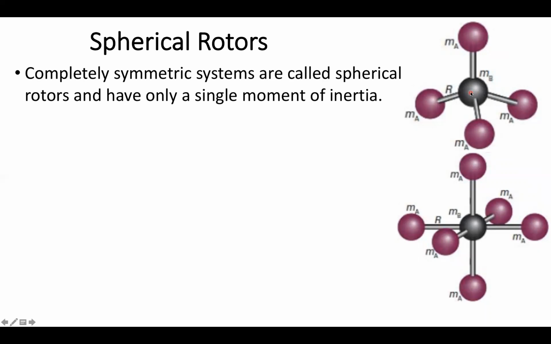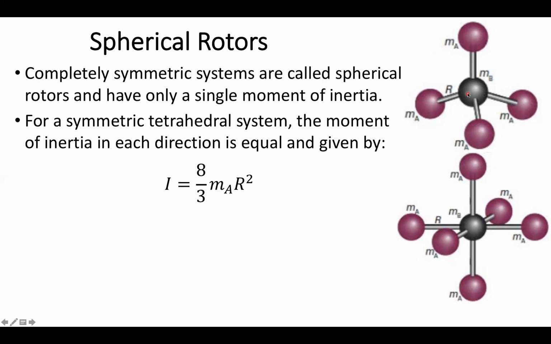So we have two classic cases of a spherical rotor, and first is a tetrahedron. So if I have a symmetric tetrahedron system, this is something like methane or tetrachloromethane. So nice, simple system. Carbon loves to do this.